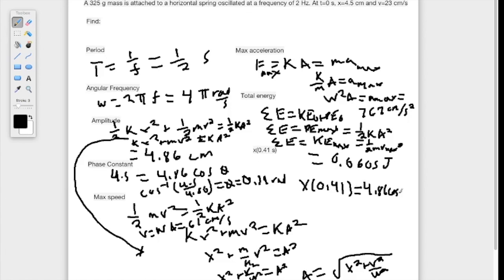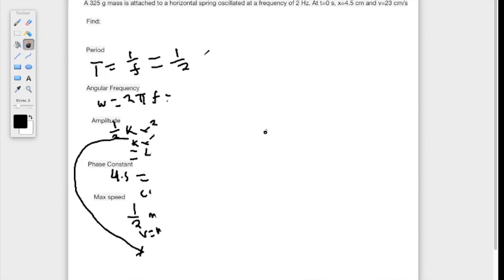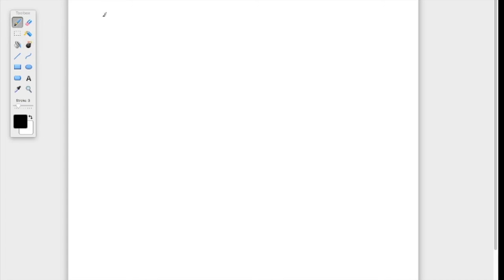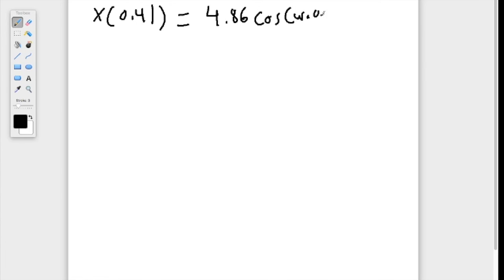Here I'll rewrite this. x of 0.41 is equal to 4.86 times the cosine of omega times 0.41, and then plus the phase constant, which I believe is 0.39.